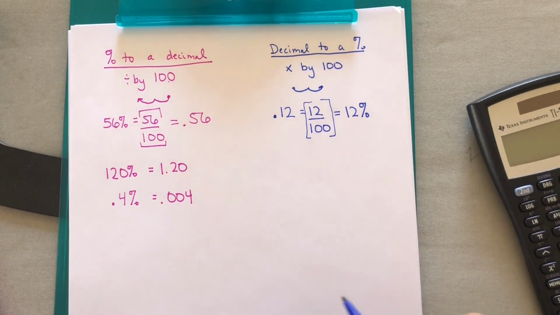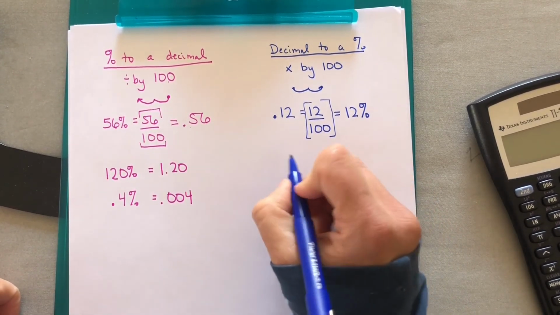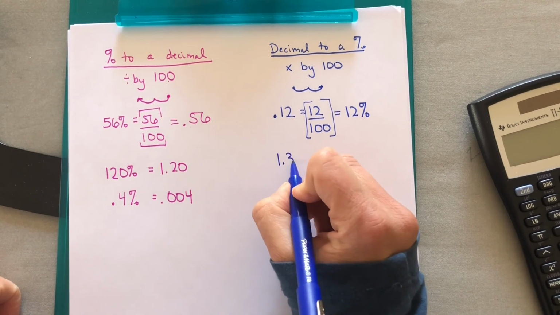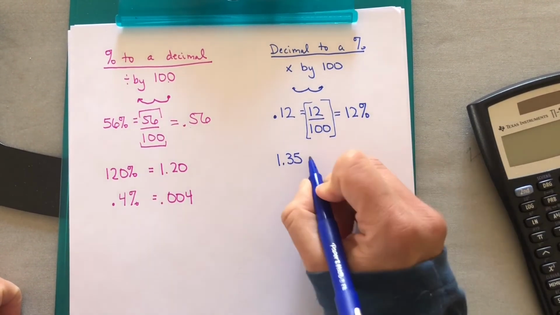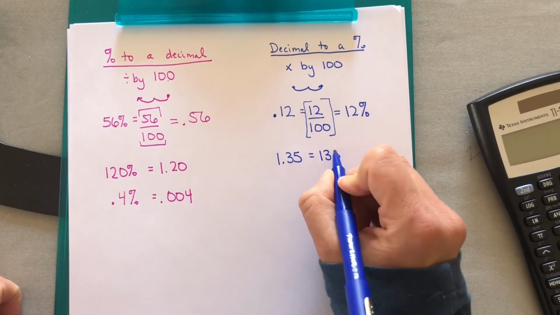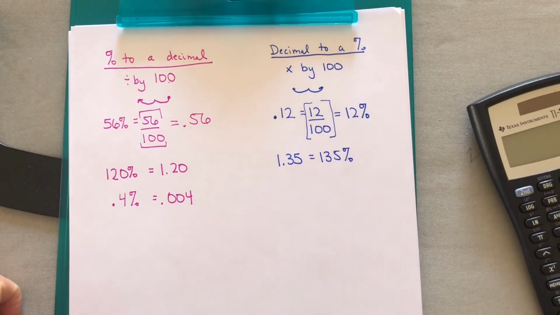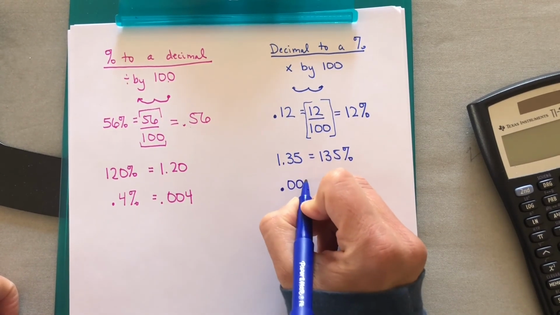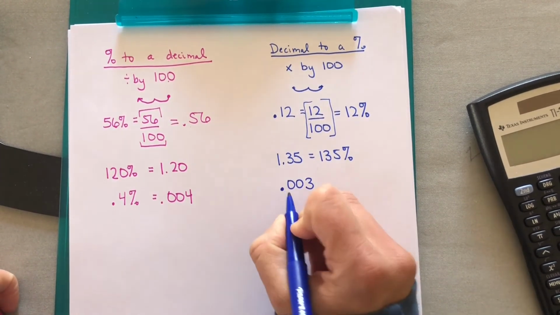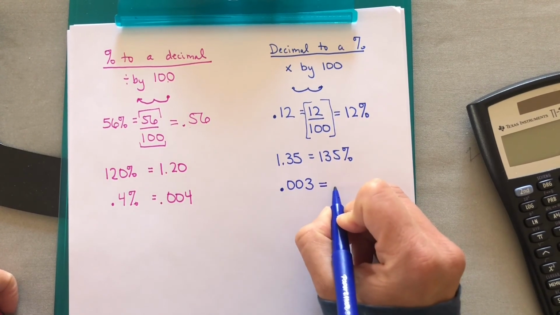So for example, let's say I had the decimal 1 and 35 hundredths. If I multiply that by 100, I get 135%. Let's say I have a decimal like 3 thousandths. Multiply that by 100, that would be 0.3%.